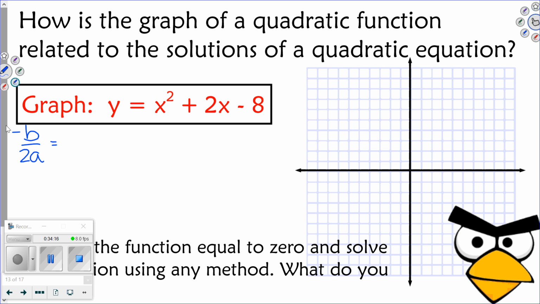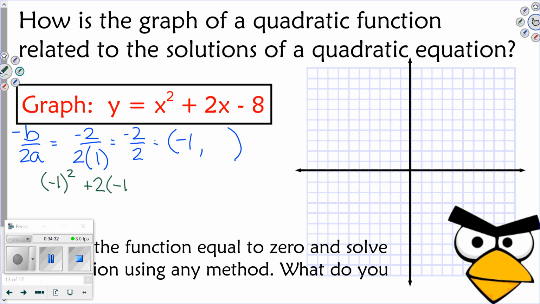So -b is -2 over 2 times 1, so it's -2 over 2, which is -1. How do you find y? Plug it in. So -1 squared plus 2 times -1 minus 8 is -9. So my vertex is -1, -9.